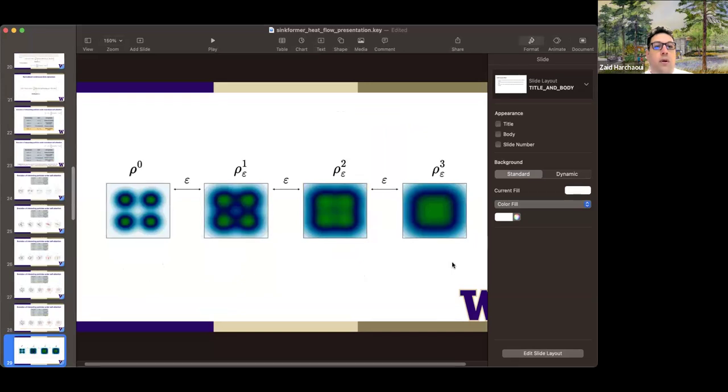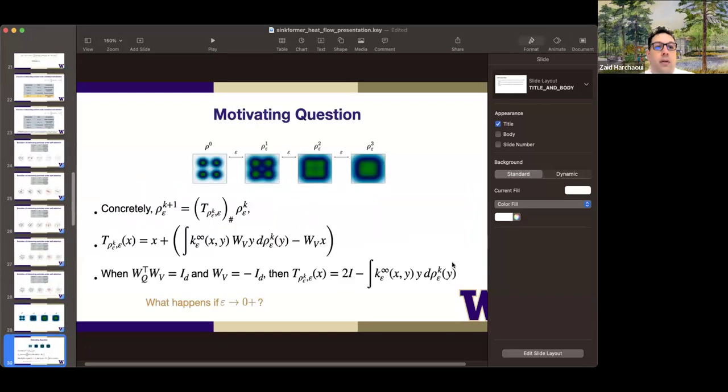Okay, so this is how it looks as we converge. And the process we're going to specifically analyze is this one.